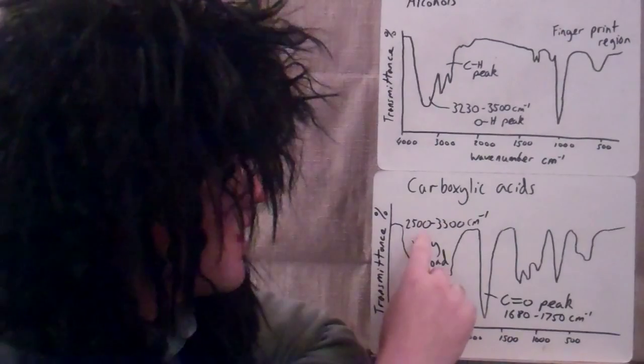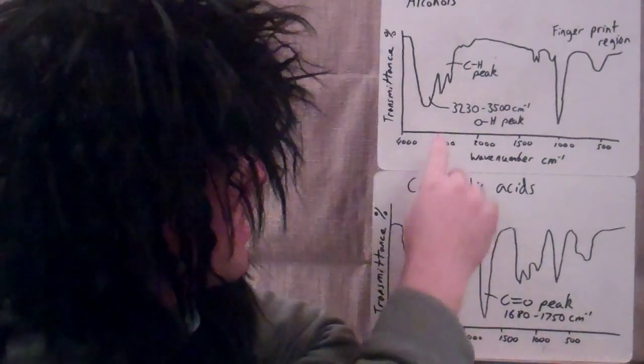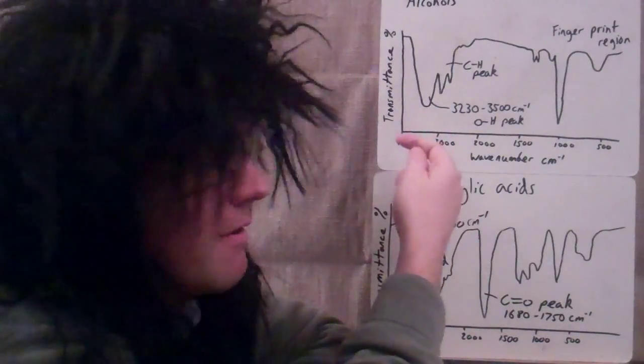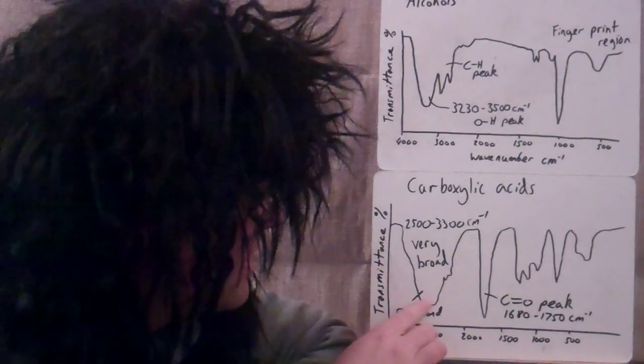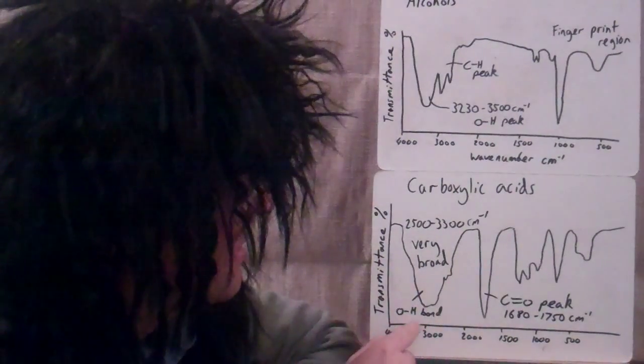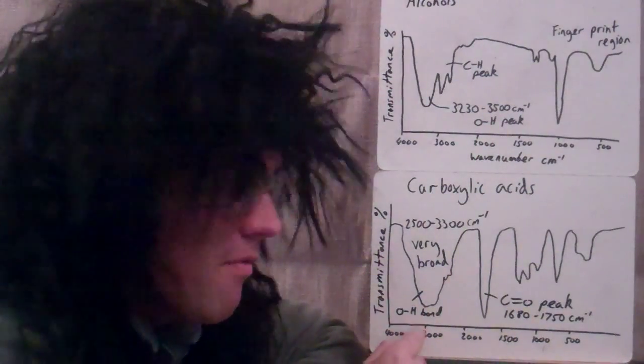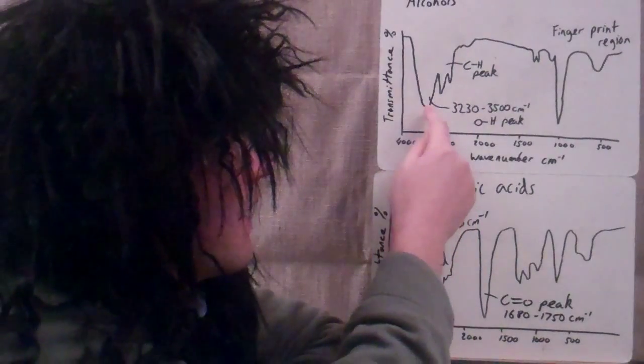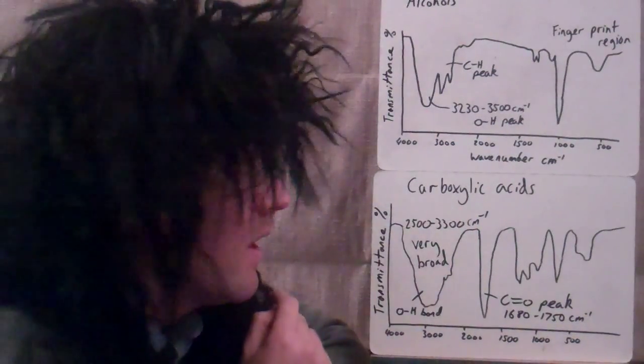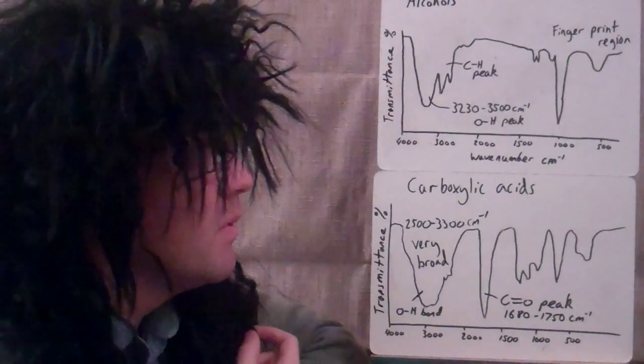It's also in slightly different places. The one for an alcohol is slightly further to the left compared to the one for a carboxylic acid. If you look at this one, it's sort of hovering over 3,000, while this one's getting closer to 3,500. That's how you can tell the difference between the two.